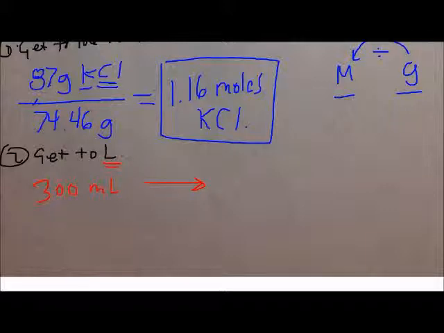Now in our previous example, we know that 1,000 milliliters equals 1 liter. So if we want to go from milliliters to liters, we need to divide it by 1,000. Now what happens is that these units cancel out and we're left with liters. So if we were to crank that on our calculator, we'd end up with 0.300 liters.